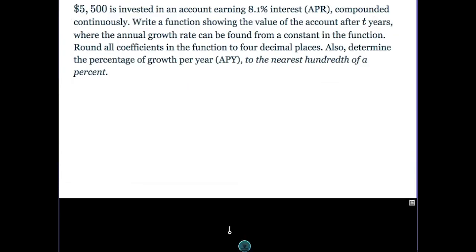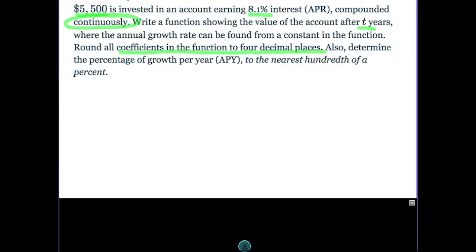This is exciting. Here, very similar, a couple differences. The differences are that it's compounded continuously. We do use a different formula for that. Again, look back in your notes. That's our first step. We want to make sure we round all the coefficients to 4 decimal places.